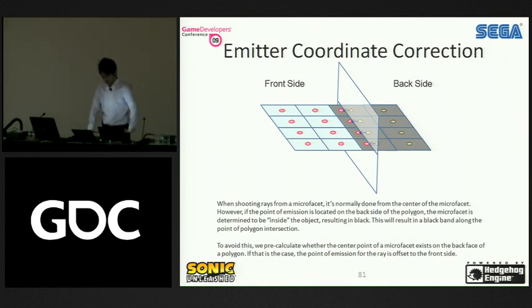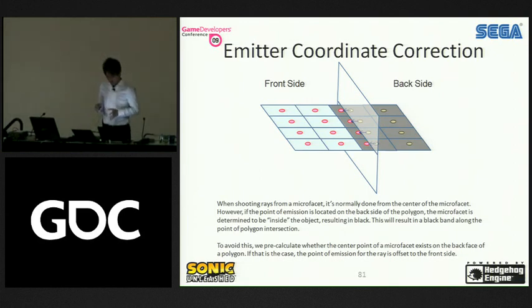Then we need to do emitter coordinate correction. What is all this about? When shooting rays from a microfacet, it's normally done from the center of the microfacet. However, if the point of emission is located on the back side of the polygon, the microfacet is determined to be inside the object, resulting in black.